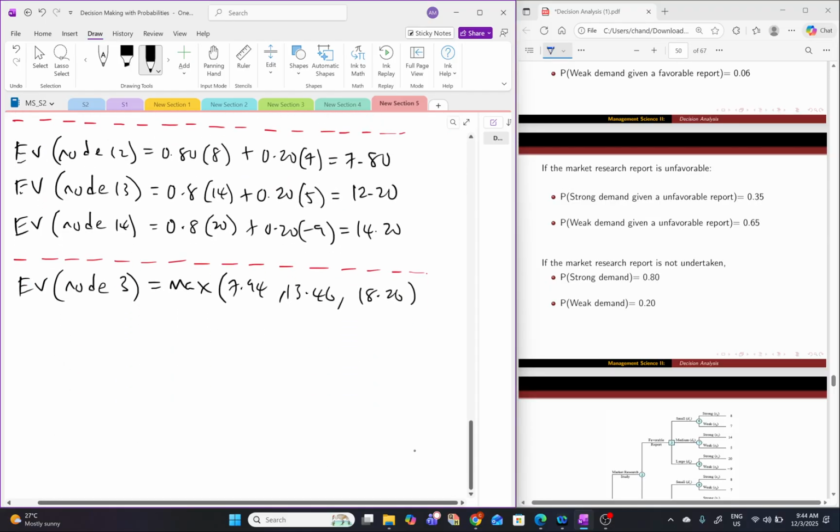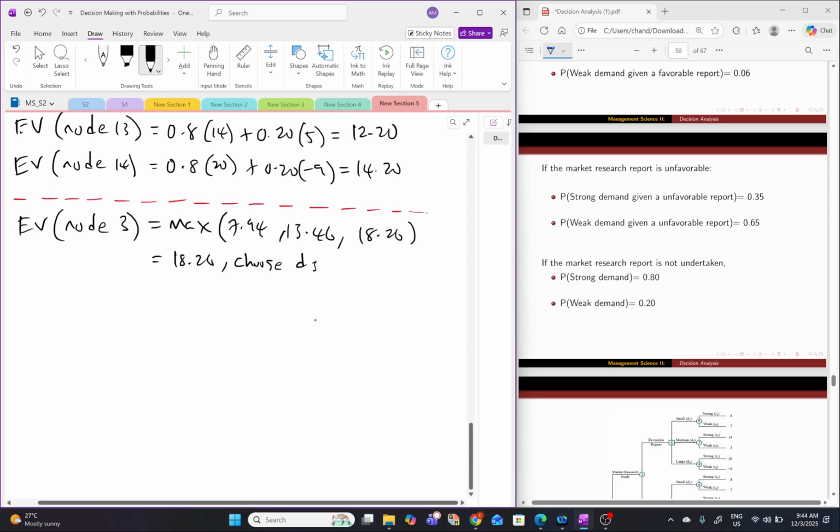Daripada 3 value ni, yang mana maksimum? 18.26. We write here, choose D3. Yang square tu kita kena pilih, yang circle tu kita kena calculate. Think like that. Do the same thing for the rest. EV.